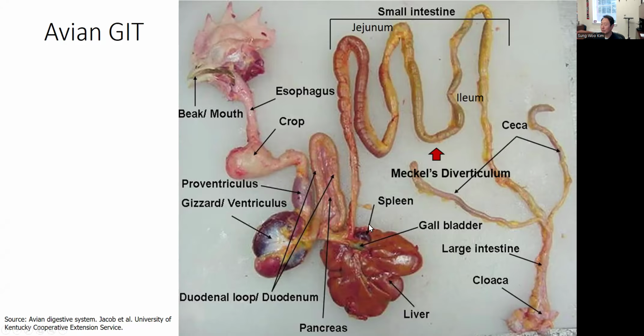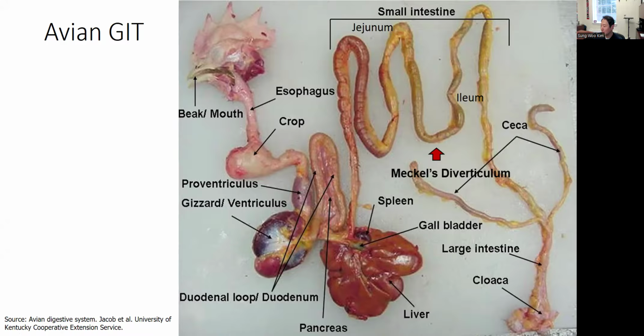After that, they have a long small intestine until you see a pair of blind-ended structures called ceca. So there are two, there's a pair, so we call it ceca, the plural of cecum.